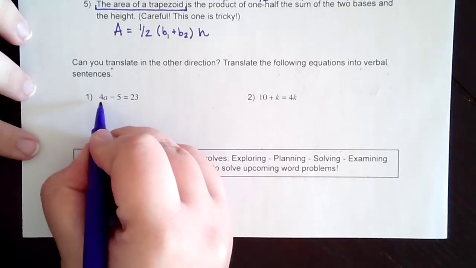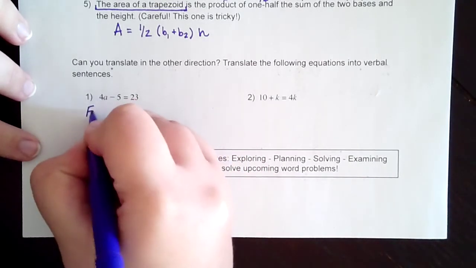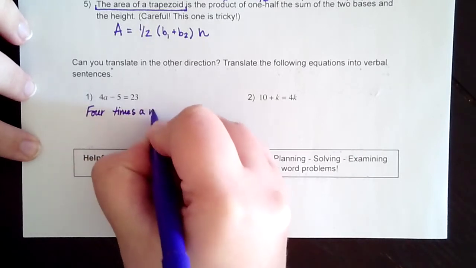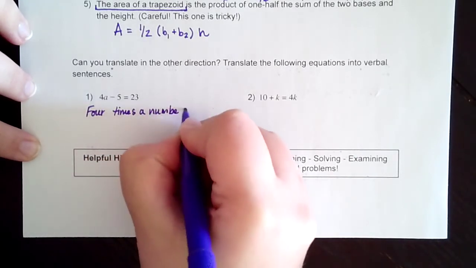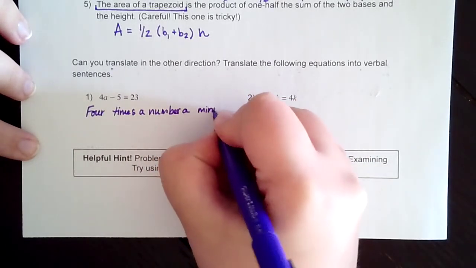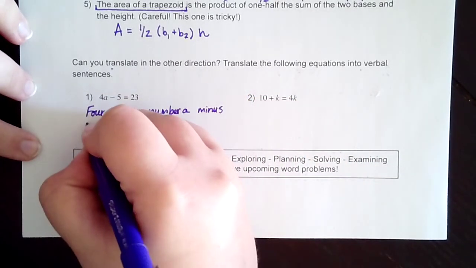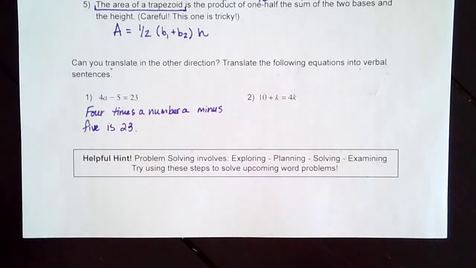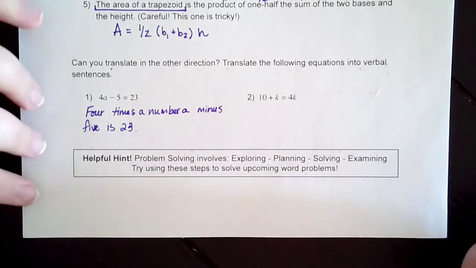So in this case, I would say maybe 4 times a number A minus 5 is 23. You could also say 4 times the number A minus 5 is equal to 23. And there's a lot of variations.